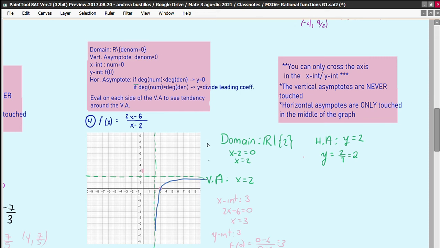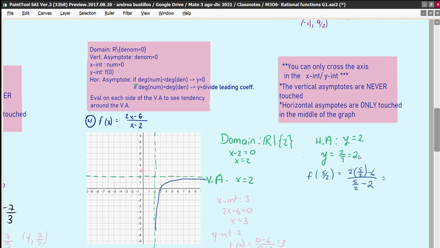Another way to verify this is to evaluate. For example, let's evaluate at a number between 2 and 3, for example, 2.5. So if I evaluate my function at 2.5, or in other words, 5 halves, this would be 2 times 5 halves minus 6 over 5 halves minus 2.